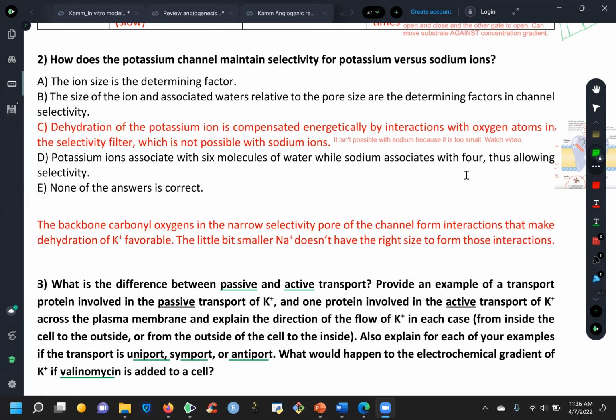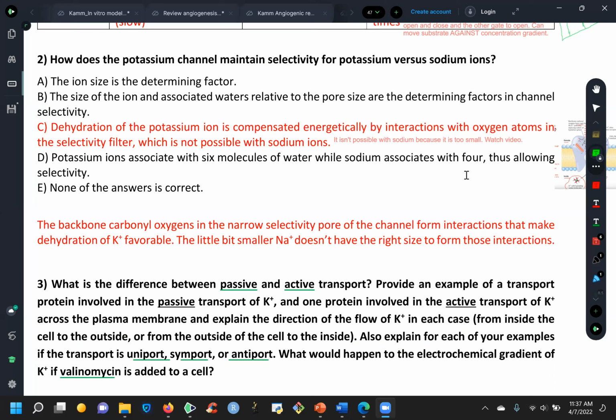Okay. Over here we have a selectivity filter. What exists in this selectivity filter is carbonyl oxygens. So they belong to other amino acids, right? But here we only have the carbonyl sticking out.